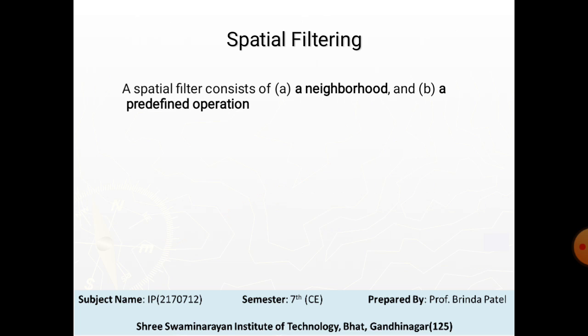The concept of filtering has its roots in the use of the Fourier transform for signal processing in the frequency domain. Now we are interested in filtering operations that are performed directly on the pixels of an image. We use the term spatial filtering to differentiate this type of process from the more traditional frequency domain filtering.